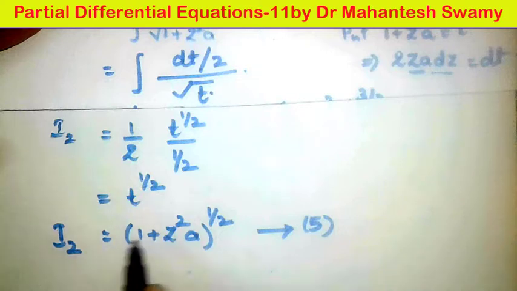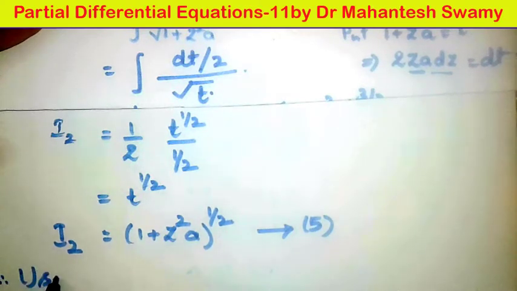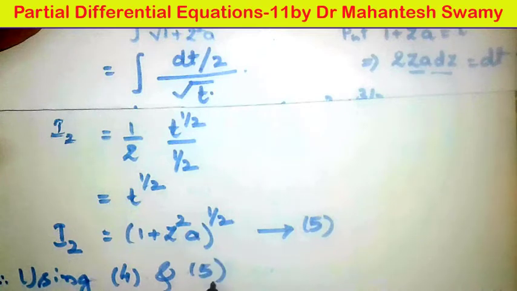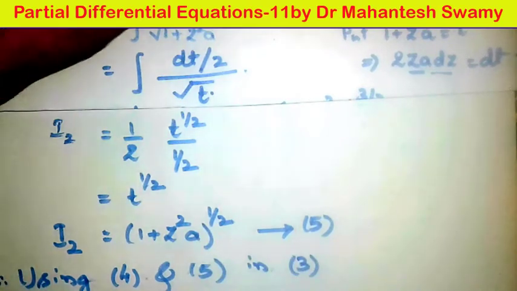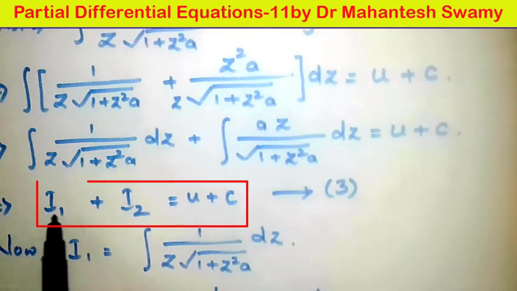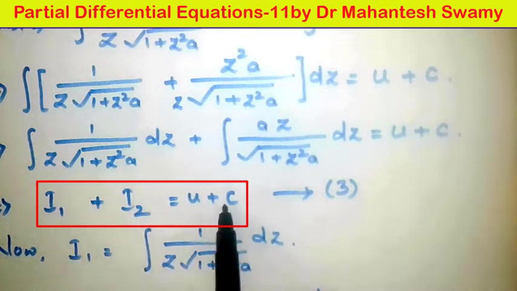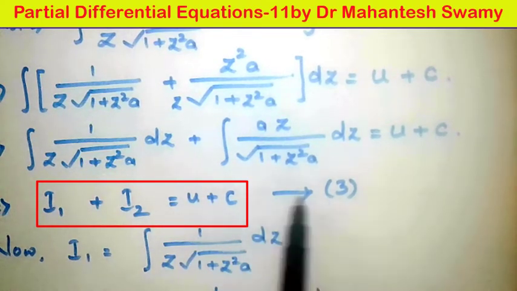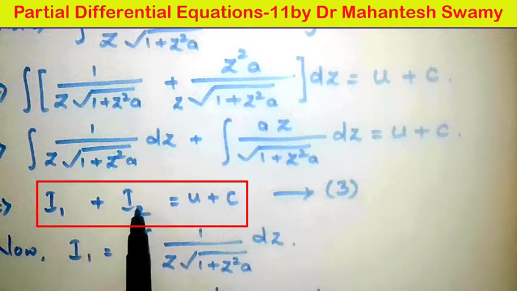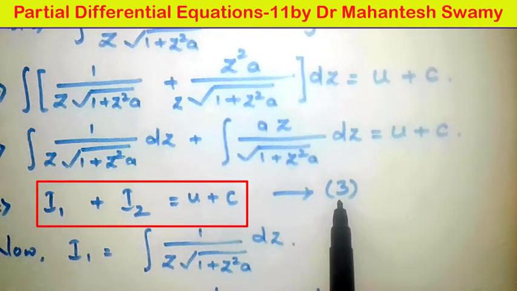Now the value of I2 we have got in equation number 5, and the value of I1 we have got in equation number 4. Therefore, using the values obtained in 4 and 5 in equation number 3. What is equation number 3? On the LHS it is I1 plus I2, and on the RHS u plus c. So let us substitute these two values of I1 and I2 in equation number 3 from equations 4 and 5 respectively.